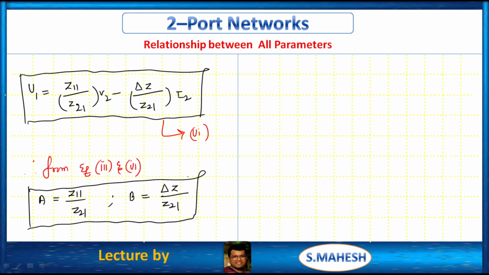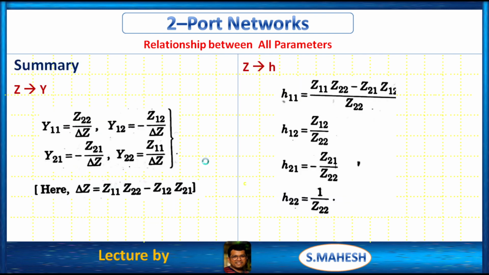So like that, we have to manipulate any parameter with any parameter. We have to get any set of parameters from any other set of parameters. If you do the analysis the same way, we will get the summary. So we have Y parameters from Z parameters; this is given data, this is required data.